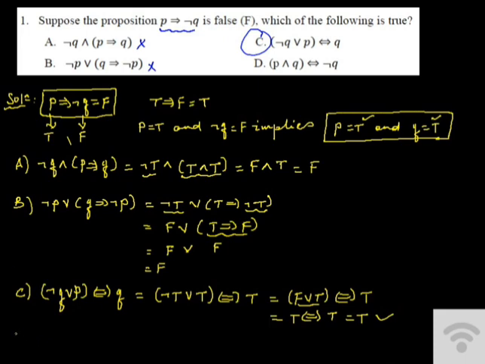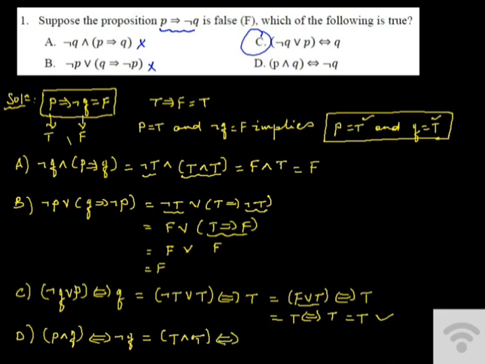Let's check for D. In D we have P and Q implies the negation of Q. Let us substitute the truth values according to their position. P is true and Q is also true, so P and Q is true.